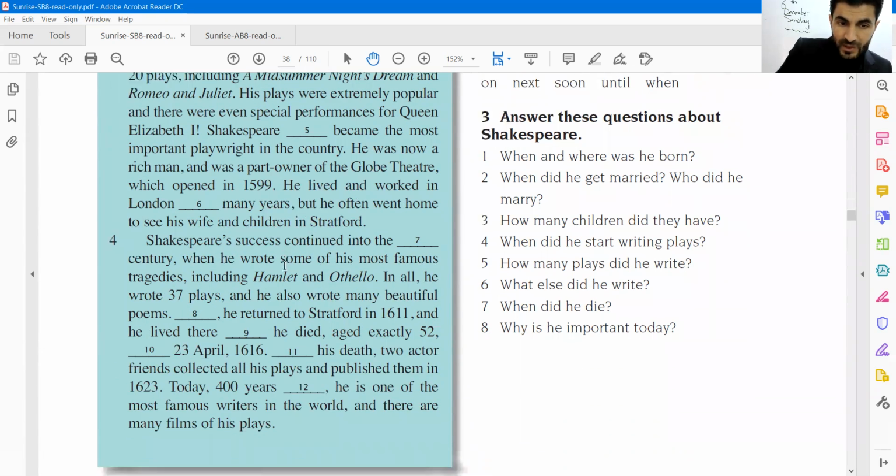So Shakespeare's success continued, lasting into the next century when he wrote some of his most famous tragedies, including Hamlet and Othello. And in all, he wrote 37 plays, and he also wrote many beautiful poems.